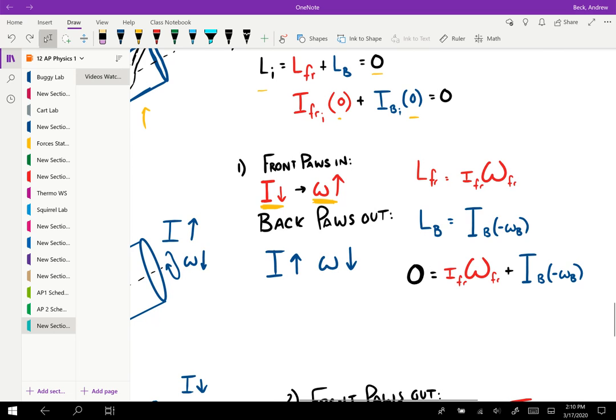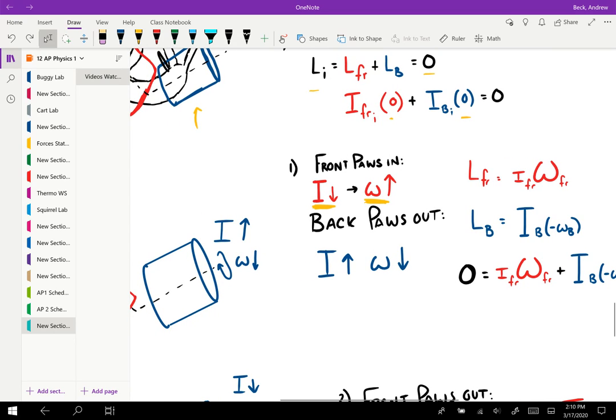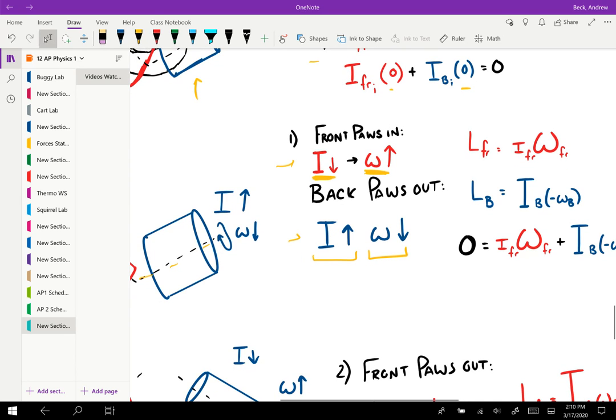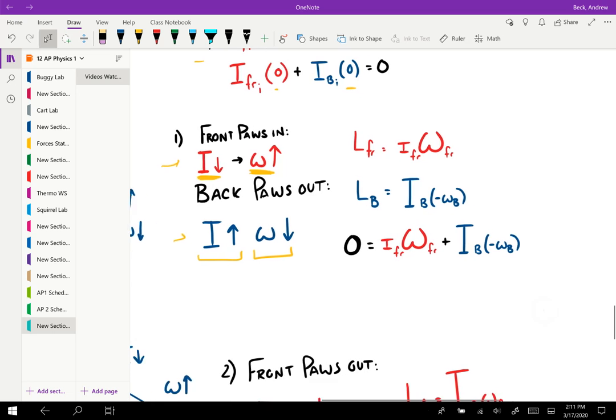And then in the back half, it's going to stick its paws out. So it has a larger rotational inertia because it moved that mass further away from its axis of rotation, and that made our angular velocity decrease. So we have this conservation within the front half and the back half, and then we also need this total conservation.